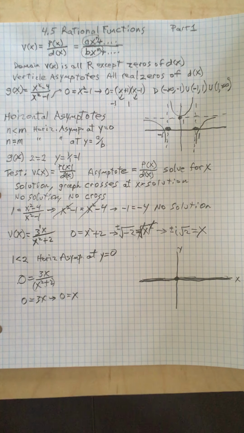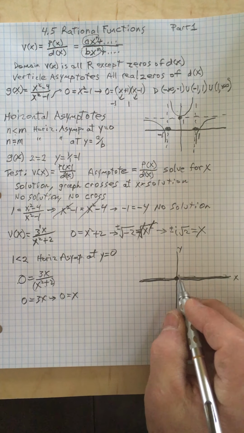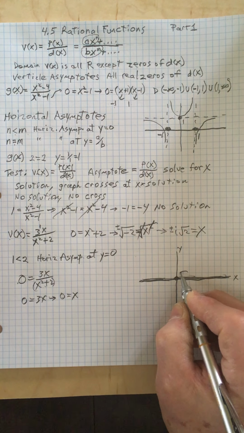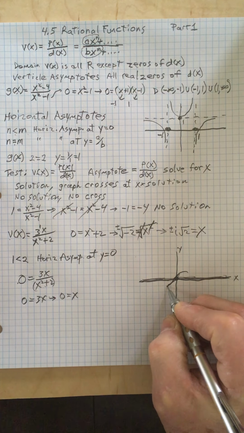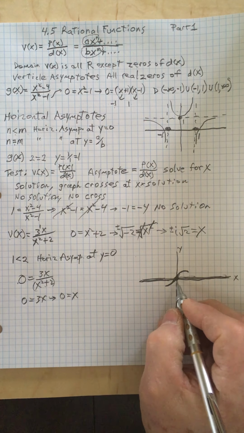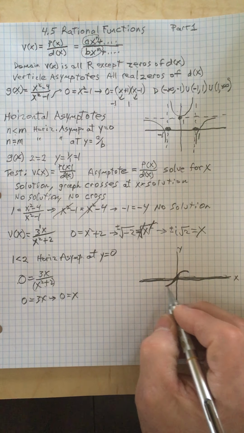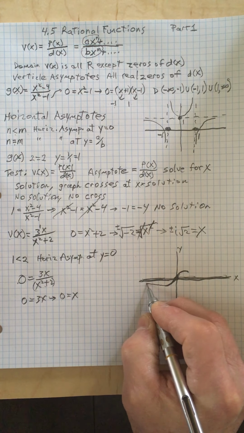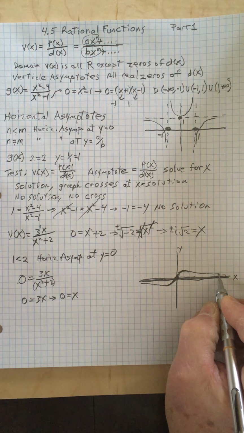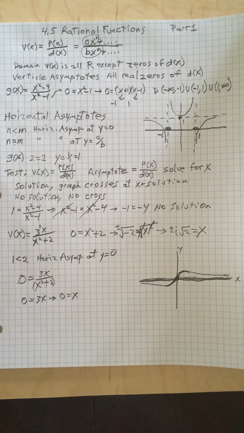Our graph is actually going to cross the asymptote at that point. Again, we're not doing graphing right now, we're just describing asymptotes and stuff. So the graph of this, if you actually see it, looks a lot like this. It actually crosses over the horizontal asymptote at the origin, and then it just gets closer and closer to the asymptote, but never quite touches it because it still is an asymptote. And that's how it works.